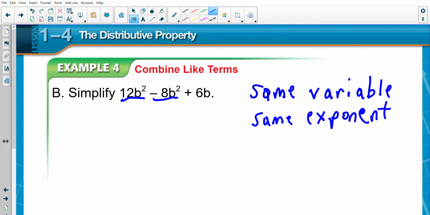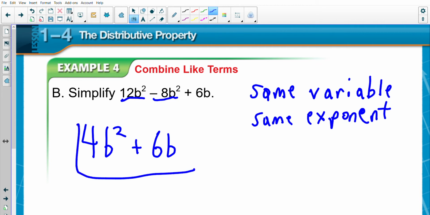Even though all of them have a b, there's only two of them that are b squared, and those are the ones you will combine. If I combine my like terms in this case, that would be 4b squared, and then plus, I didn't do anything with the 6b, so I just leave it as 6b. Can I do anything else with that?